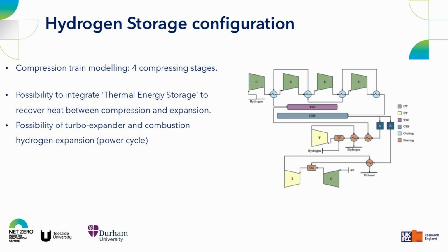So we have to be careful about combusting hydrogen. One solution that we came up with in this project is the combination of both the turbo expander and the combustion of hydrogen in this system. And also, we are using a thermal energy storage system as a way to increase the round-trip efficiency of the system.